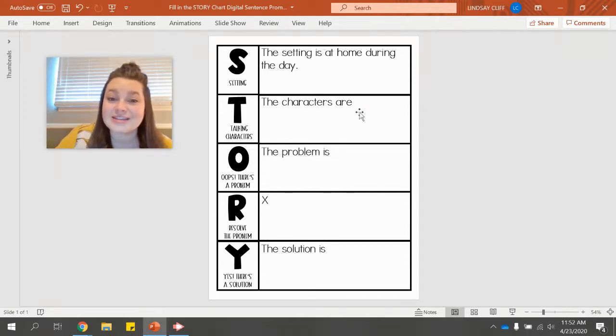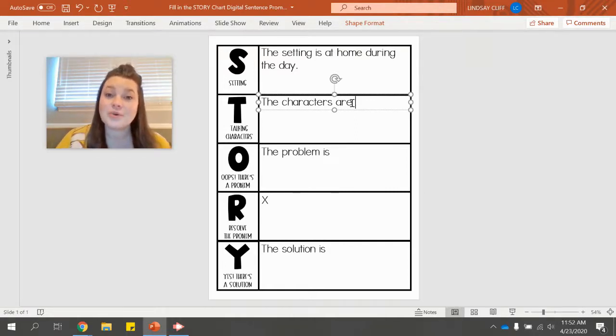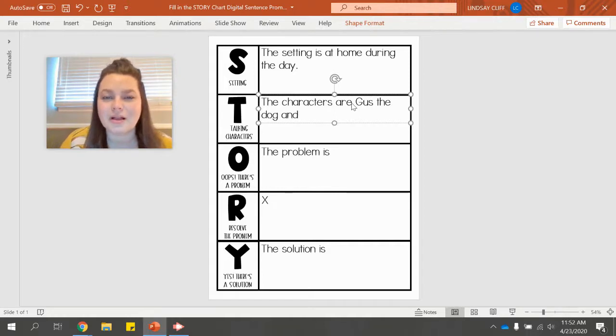Nice work, friends. Now, if I'm thinking about the characters, I know that Gus is definitely a character because he's on every single page and the book is mostly about him. All right, I'm going to write Gus the dog. And who's telling him to drop all of those things? Right, his owner. Do we know her name?